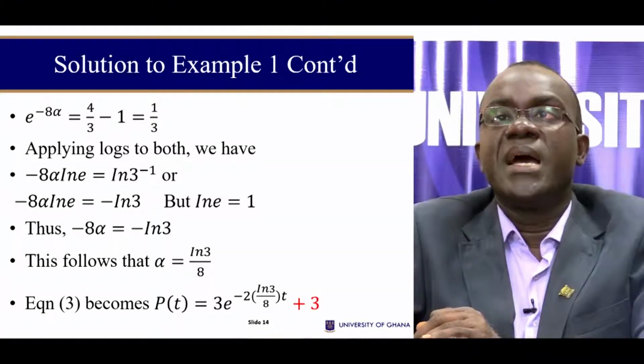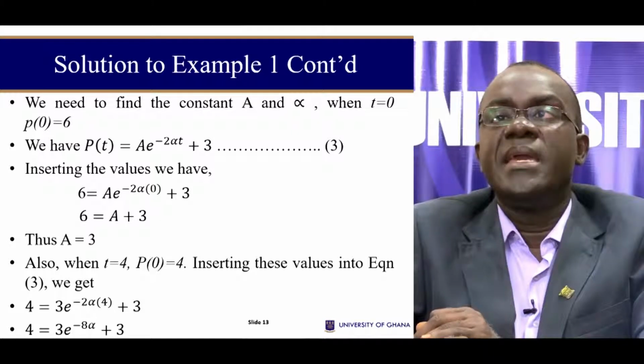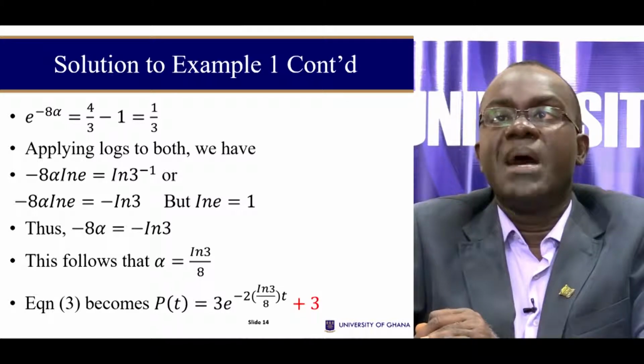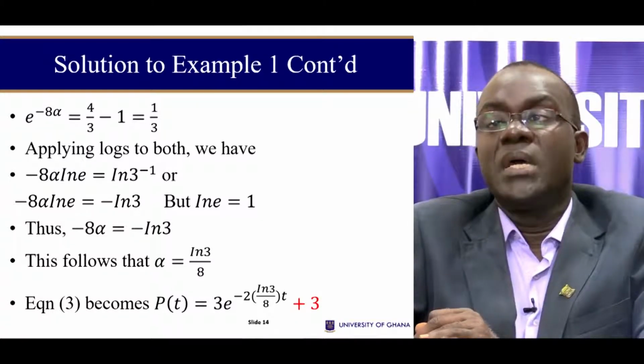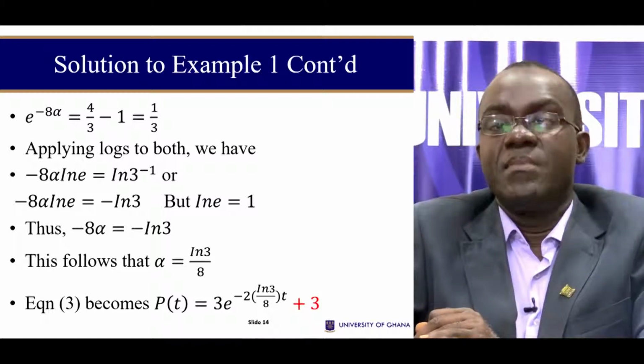Our A is equal to 3. When we slot in the two boundary conditions, our A comes to 3, and then our alpha comes to this value. We plug the values back, and this becomes the solution to our differential equation. So this is how price will move with time.